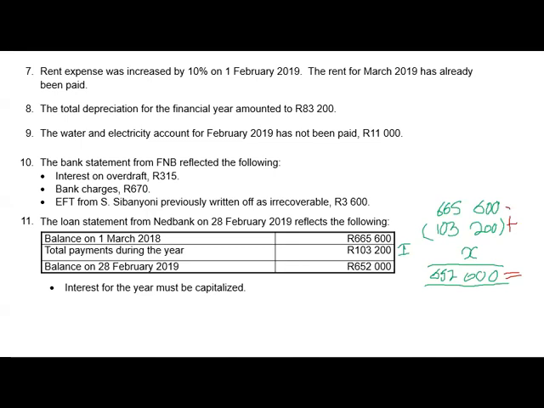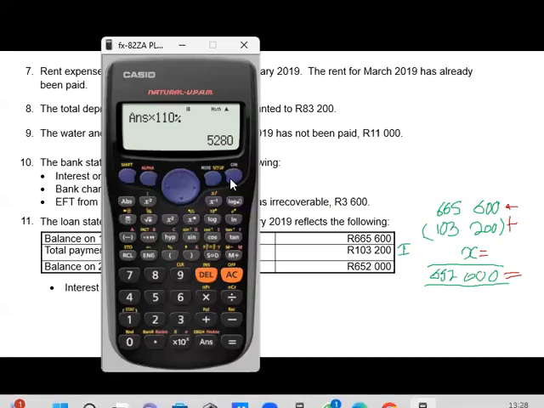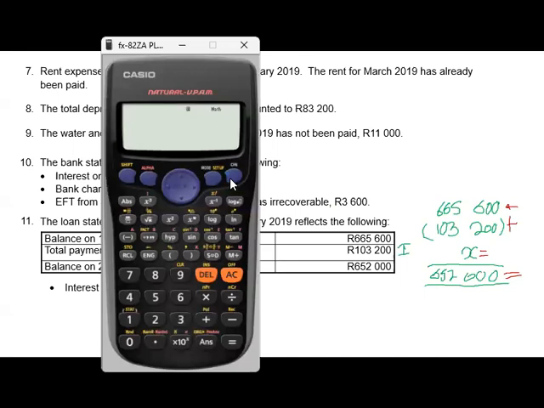It'll give you X. So you will have 652,000. Then you add 103,200. Then you subtract 665,600. Then it'll give you 89,600. 89,600 will be your interest, right?